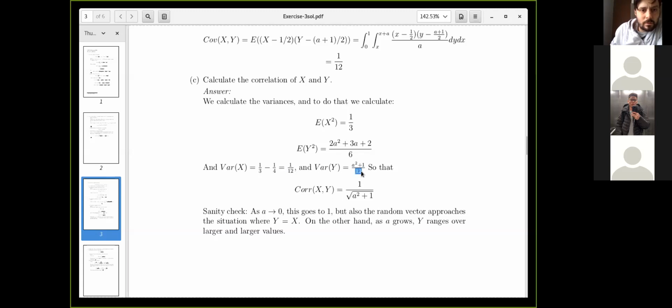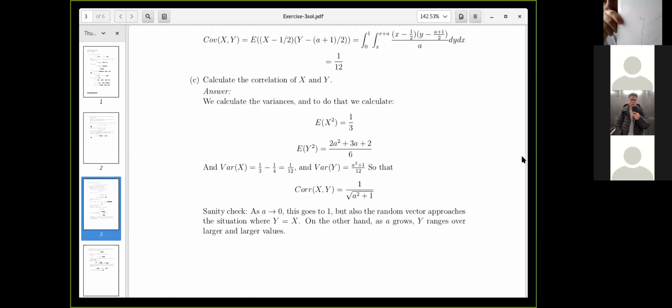The 12 cancels with the 1 over 12, and the only part left is a squared plus 1. So we get that the correlation is 1 over the square root of a squared plus 1. Looks pretty weird, but let's think about this.